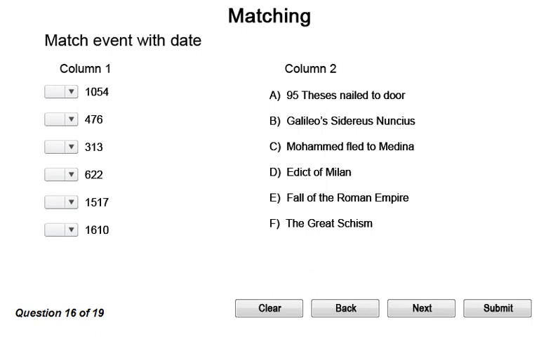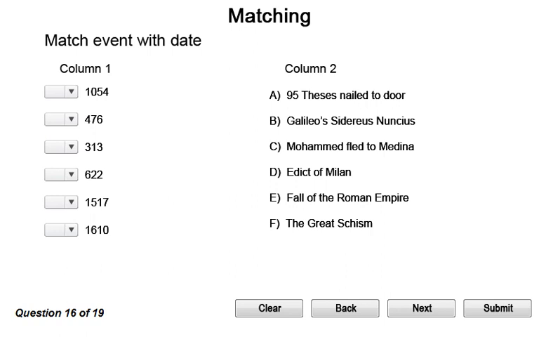Match the event with a date. The 95 Theses nailed to the door of the Wittenberg Church. That happened in 1517. Galileo's Sidereus Nuncius, that was 1610.